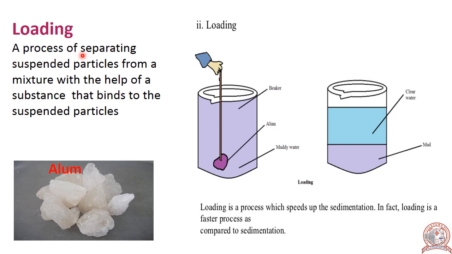Loading is a process of separating suspended particles from a mixture with the help of a substance that binds to the suspended particles. You can see alum is put inside this beaker and some of the fine sand particles will get attached to the alum and settle at the bottom of the beaker.